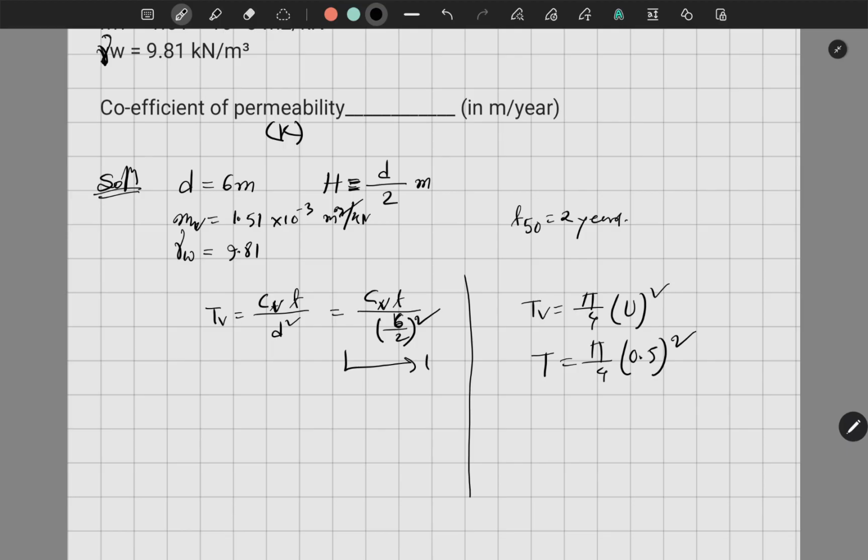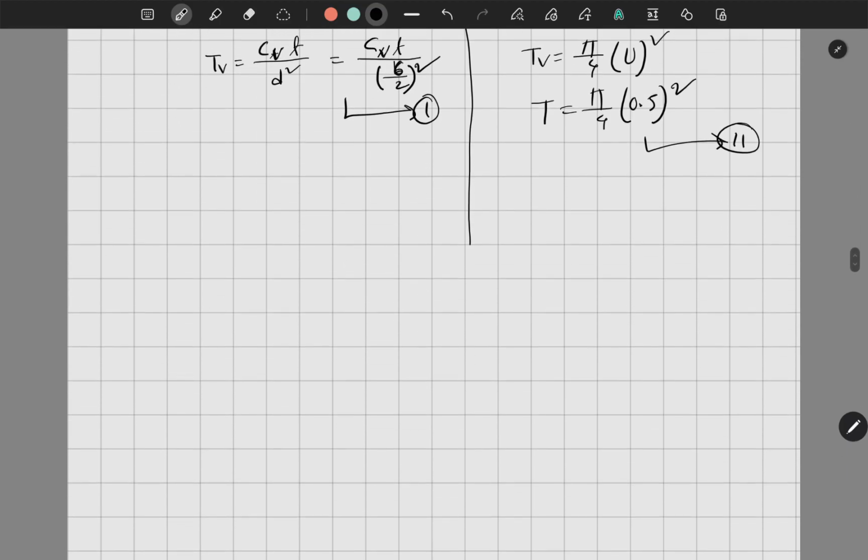This is equation 1, this is equation 2. Equating equation 1 and equation 2, what do we have? Cv t by 6/2 square is equal to pi/4 into 0.5 square.